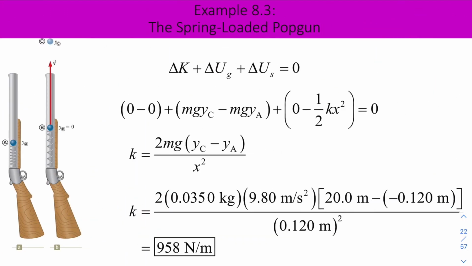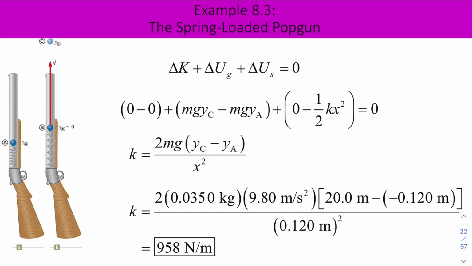So by using the energy concept, delta K plus delta U of the spring, we have two kinds of potential energy here. One is due to gravity because of the change in position or height. The other one is due to the spring because the spring is being compressed.